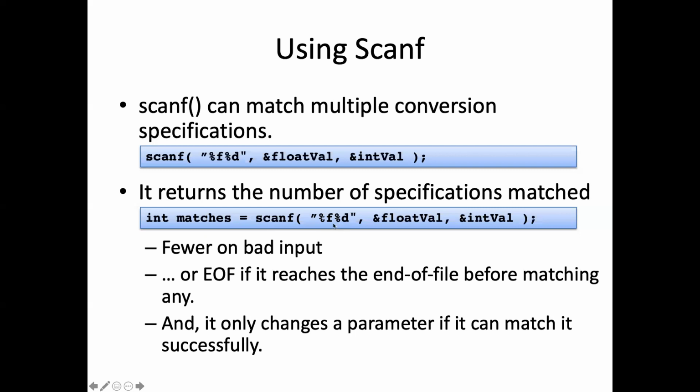And it always starts from the first one. So it won't try to read this %d until it can successfully read the %f. There's a special case. If it tries to read something and there's no more input at all, it returns EOF. Remember, we've got that constant EOF, which really is just a name for -1. That's what it returns when there wasn't any more input.